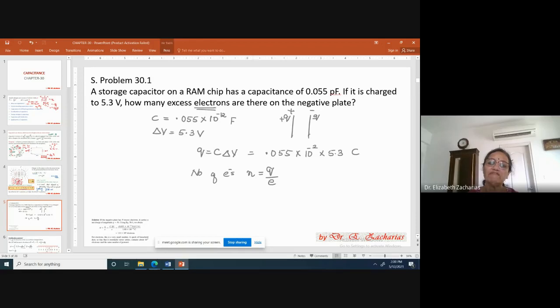Then n into e is Q. So I can just use 0.055 into 10 to the power of minus 12 into 5.3, which gives me Q in coulombs, divided by the charge of one electron, 1.6 into 10 to the power of minus 19. You must notice that I'm not putting a minus sign there, simply because we are talking of the number of electrons. Okay, so let's see the answer.